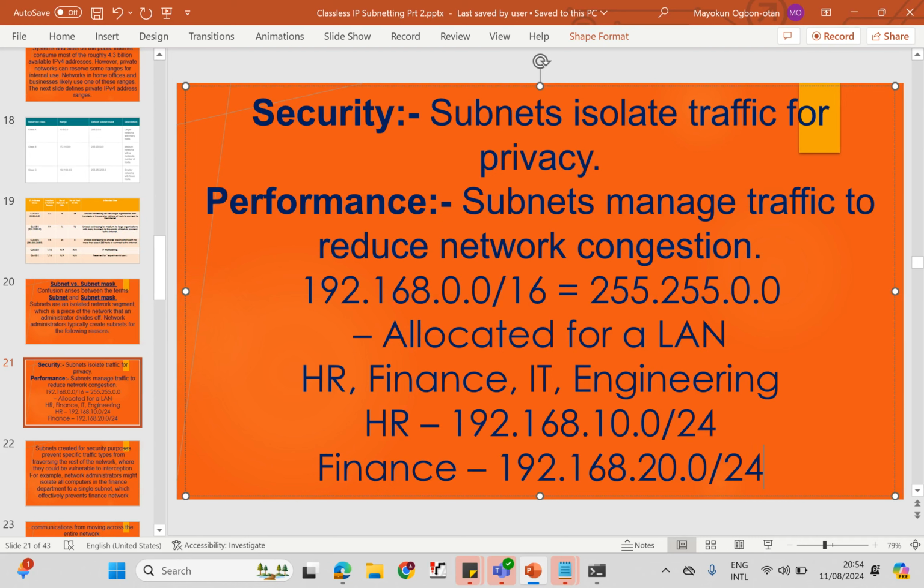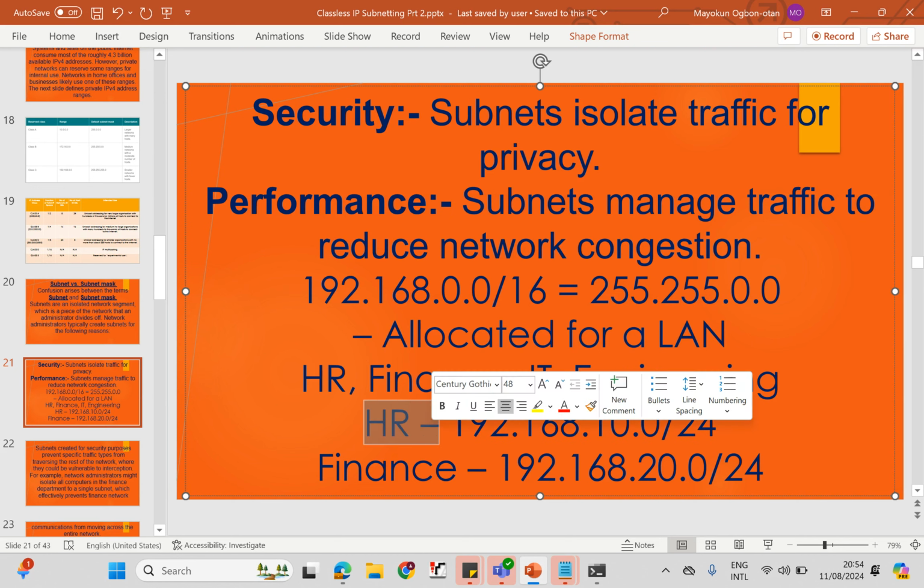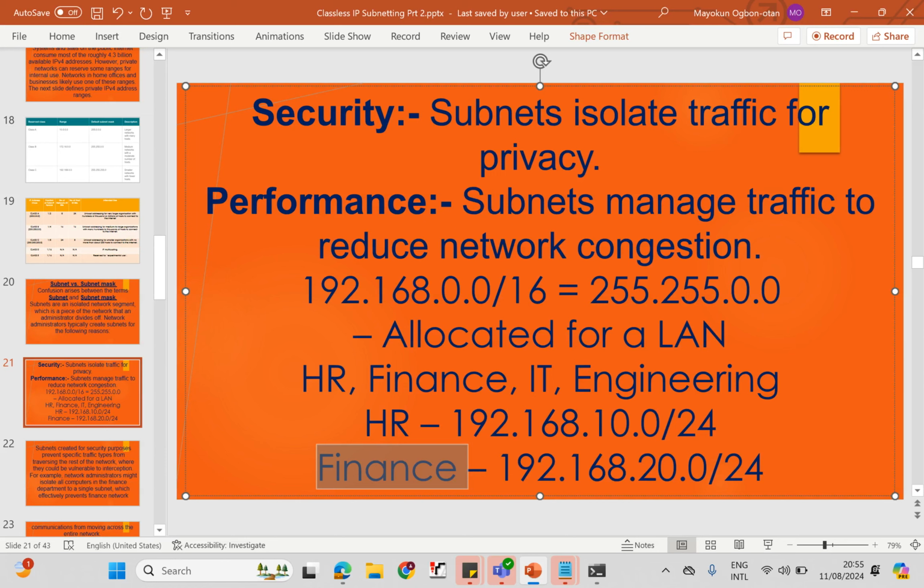So it becomes impossible for HR to be able to reach finance traffic, even though they are on the same network. With this subnetting, it becomes impossible for HR to be able to reach finance. So that is what we call security.